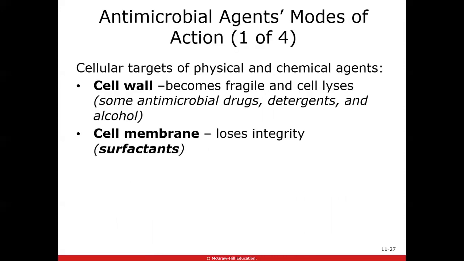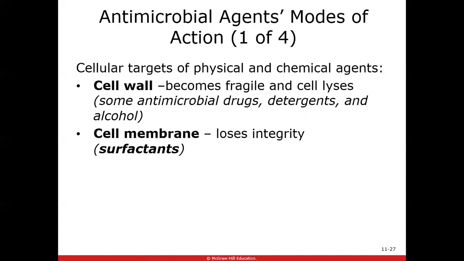So modes of action. These are the antimicrobial agents' modes of action. Some of them have cellular targets of physical and chemical agents. Some target the cell wall. The cell wall becomes fragile and the cell lyses, or bursts. Some of them act on the cell membrane, meaning the microorganism's cell membrane loses integrity.